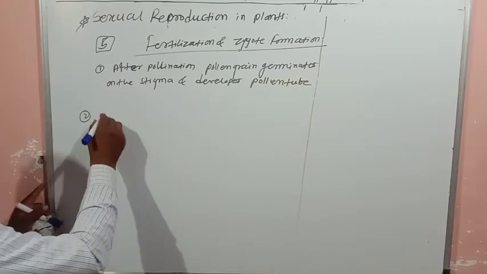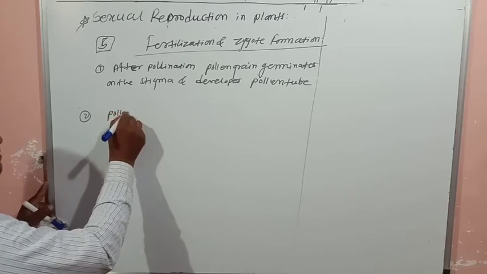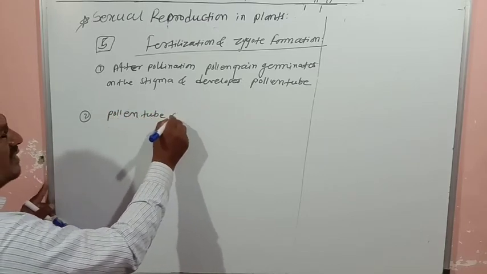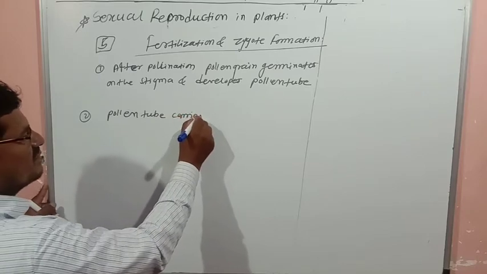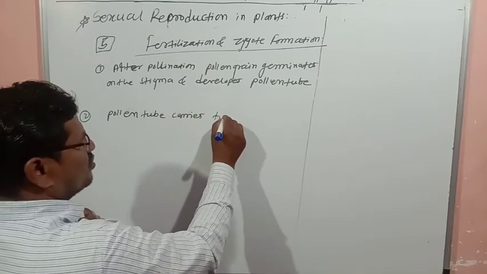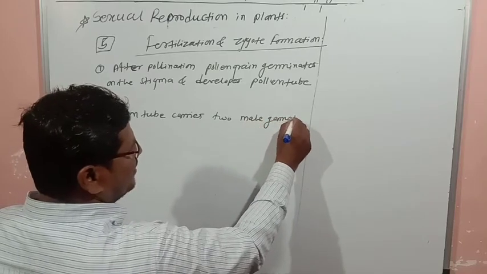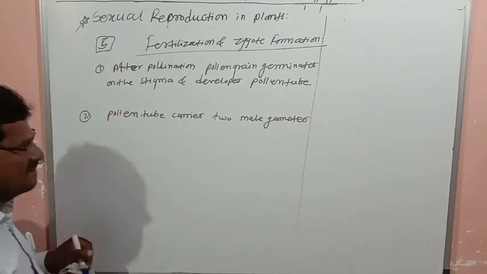Second point: the pollen tube carries two male gametes.